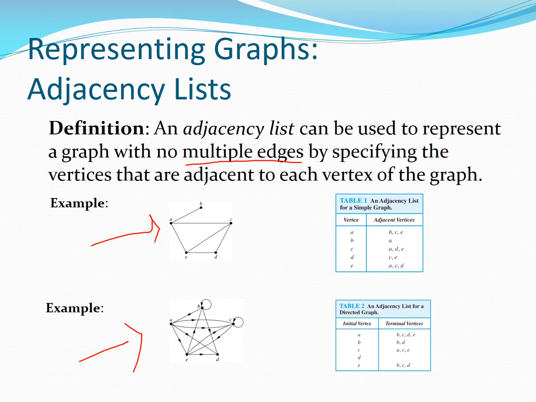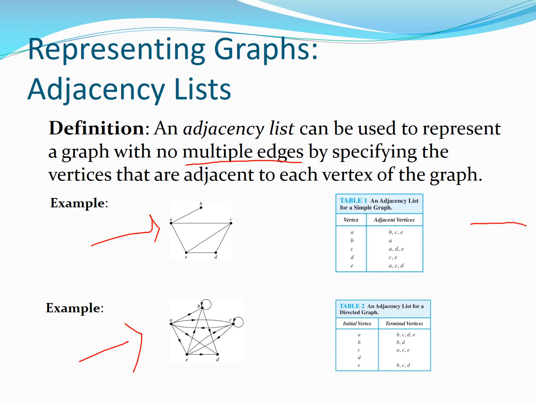You're considering a multigraph which has loops. However, it does not have multiple edges between two vertices. We are only considering multiple edges which are in the opposite direction. So let's look at how this can be done.